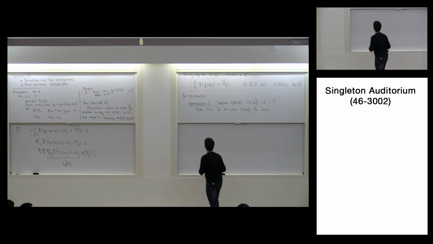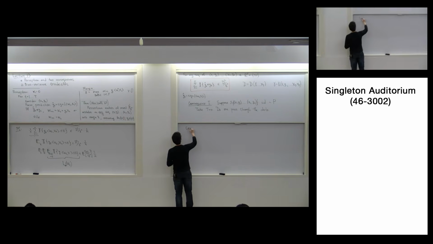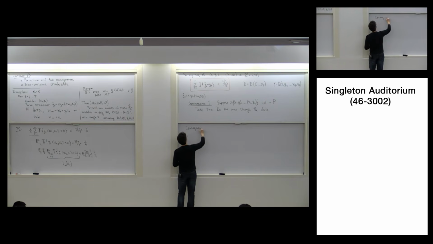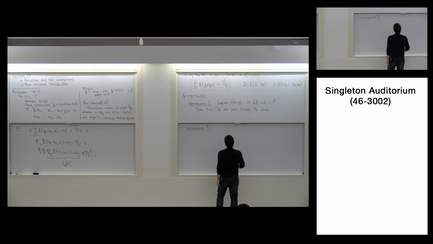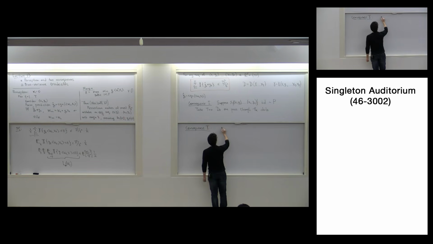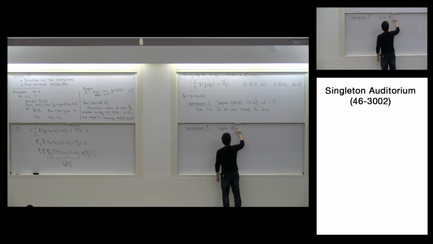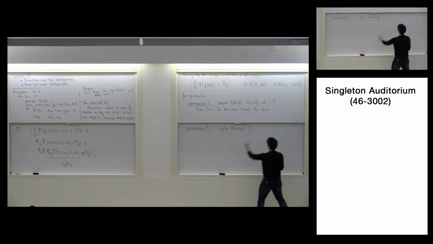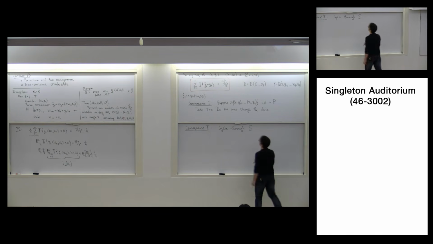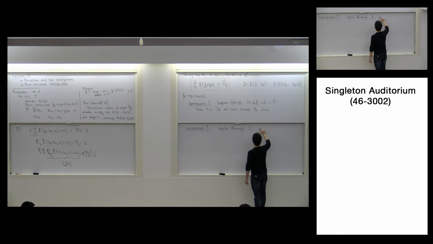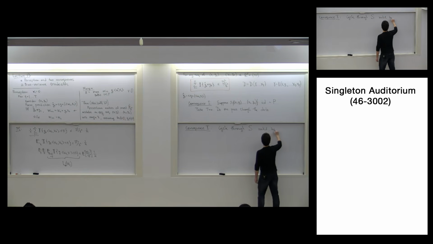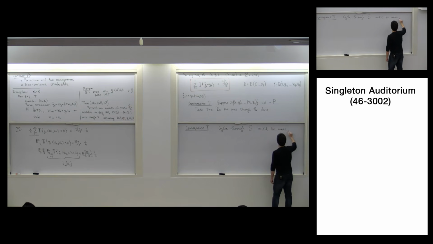Make sense? So consequence number 2: cycle through data S. Again, S is the data set, until no more mistakes.